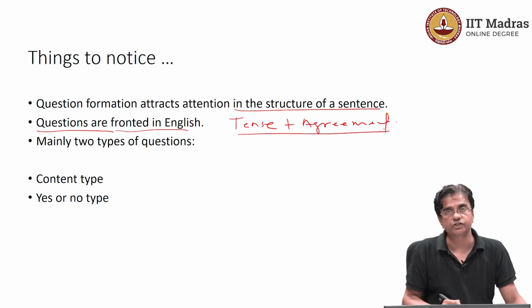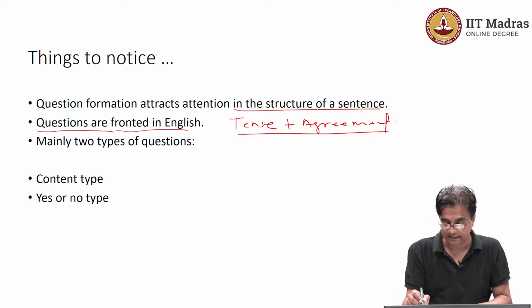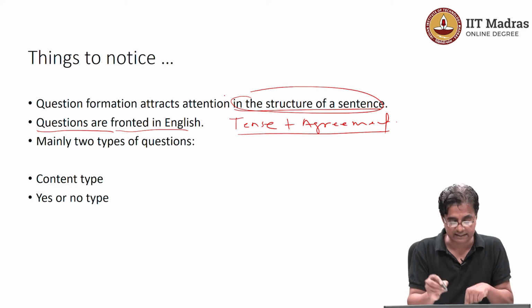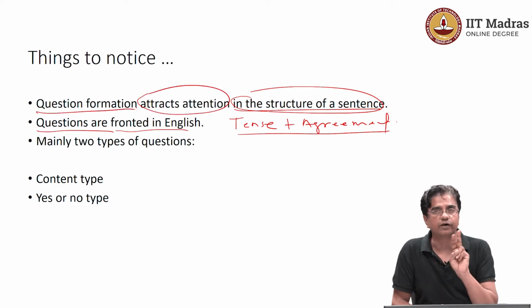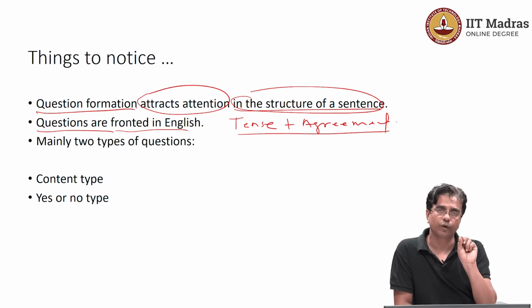Basically, these two invisible categories, these two invisible aspects of a sentence play a very crucial role in the formation of a sentence, that is, in the structure of a sentence. And therefore, this attracts our attention for question formation. Without getting a clearer picture of these two, we don't quite understand formation of a sentence properly.